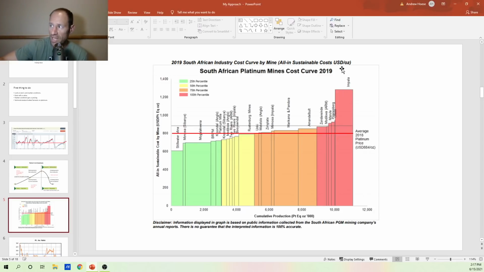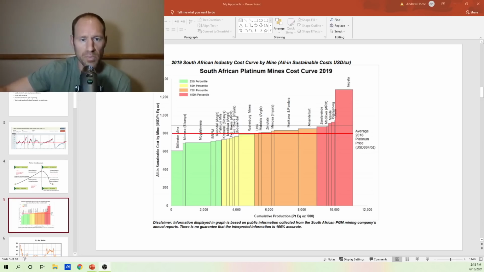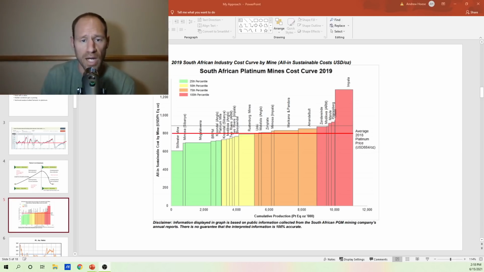And then you've got a high cost producer, Impala, which is one of the higher cost producers, which is below the cost curve. So when we saw the crash in platinum, the price went all the way down to like $600. We were under the mid-tier cost producers.